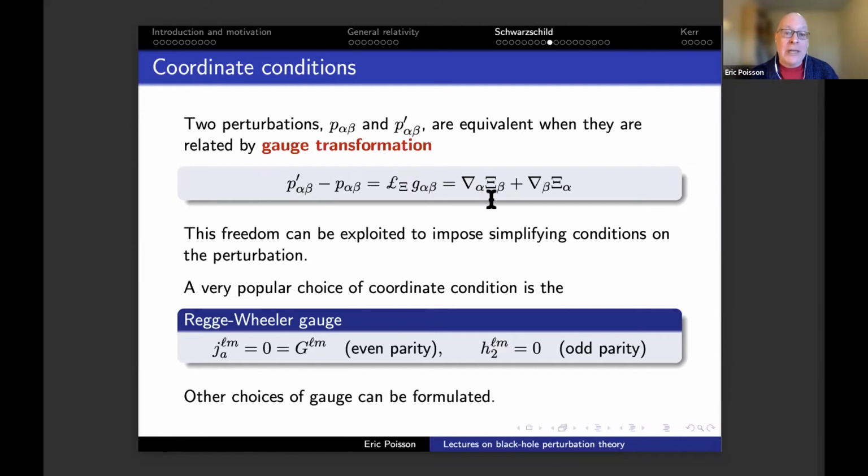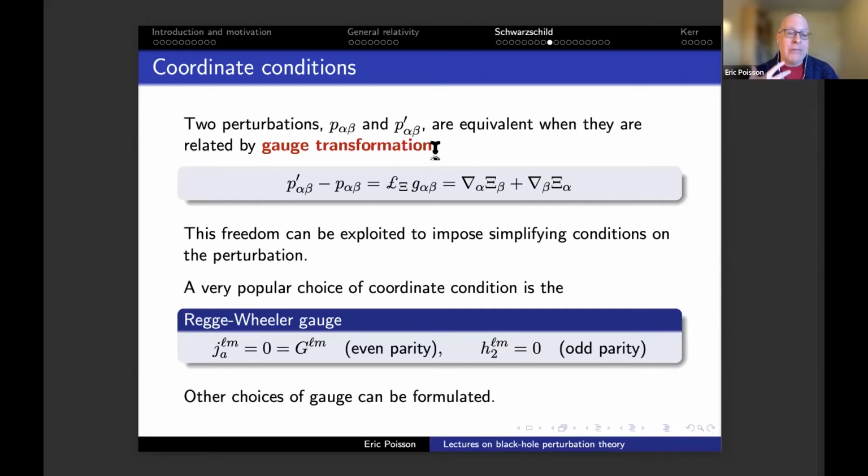That's the metric tensor on the background spacetime. And it's always going to be characterized in terms of this four-dimensional vector that I'm calling big C over here. Big C can be thought of as the shift in coordinates that I can make in the background spacetime to describe exactly the same perturbation. Now, the key point is that we always want to get rid of this gauge freedom.